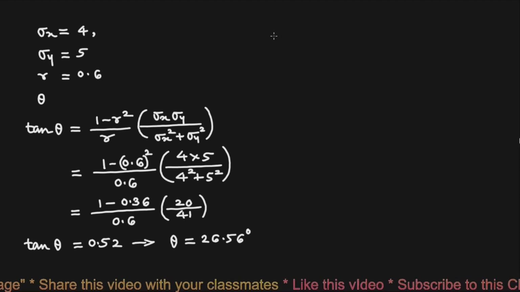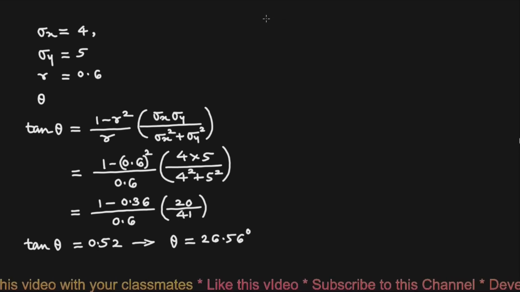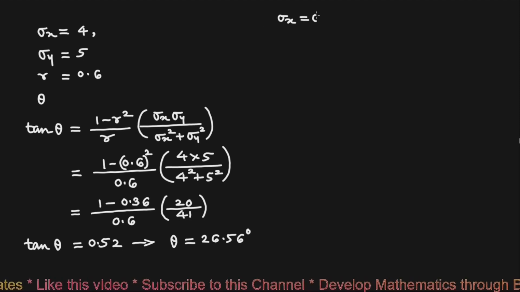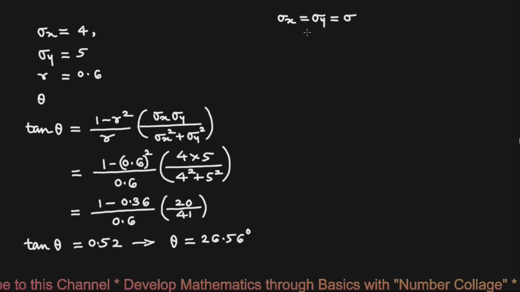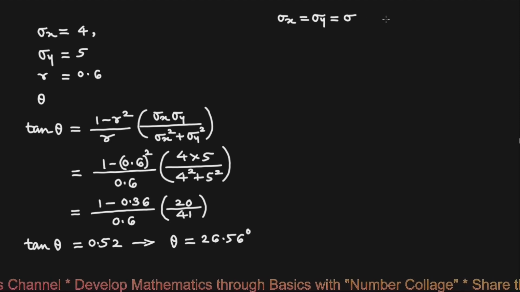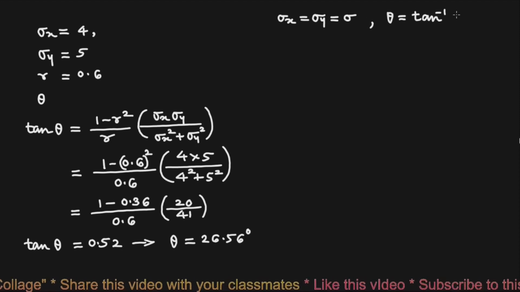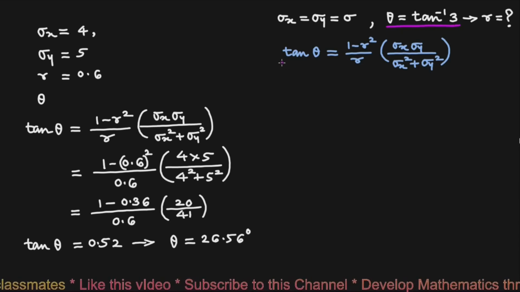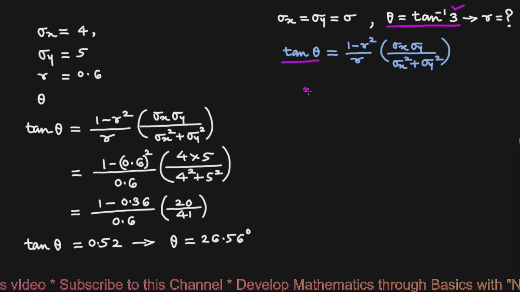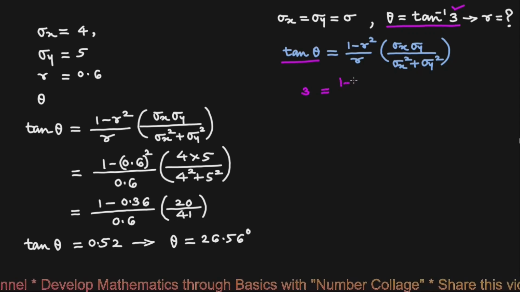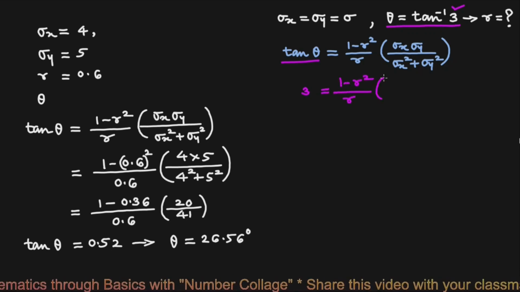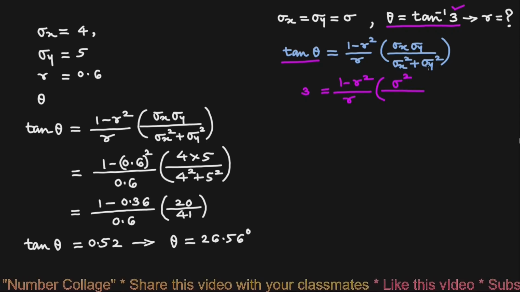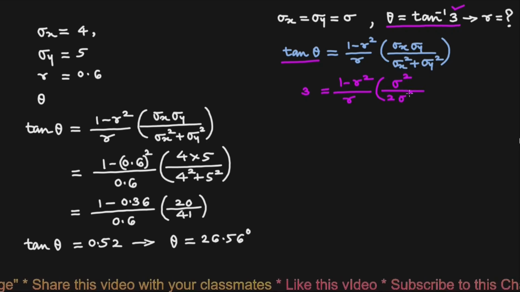and theta will be 26.56 degrees. In the next sum, suppose the standard deviations sigma x equals sigma y, which is sigma, and the angle between the lines of regression is theta equals tan inverse 3. Since theta is tan inverse 3, tan theta will be this 3 here, equals (1 minus r square) upon r, into sigma square upon (sigma square plus sigma square), 2 sigma square.